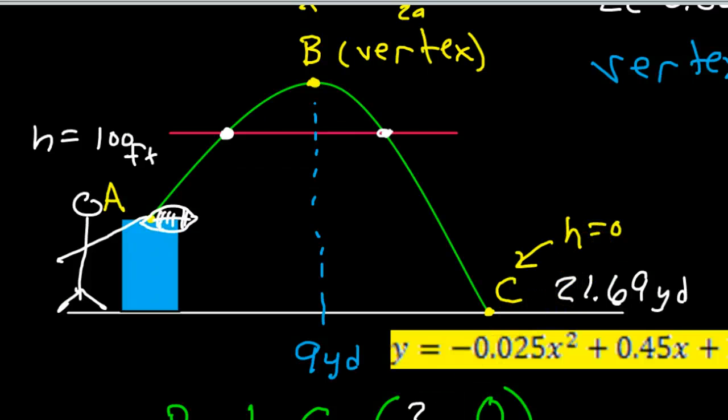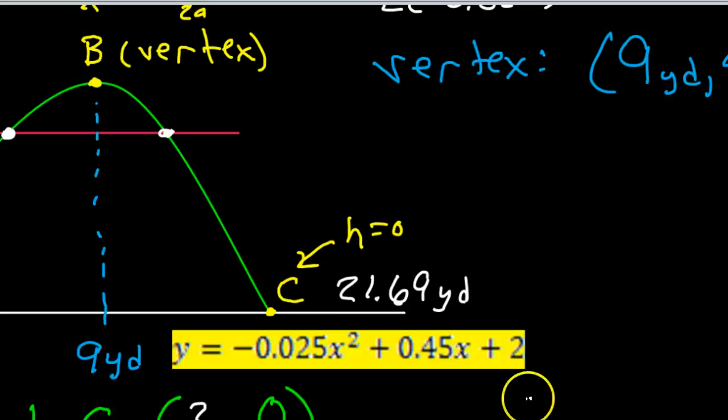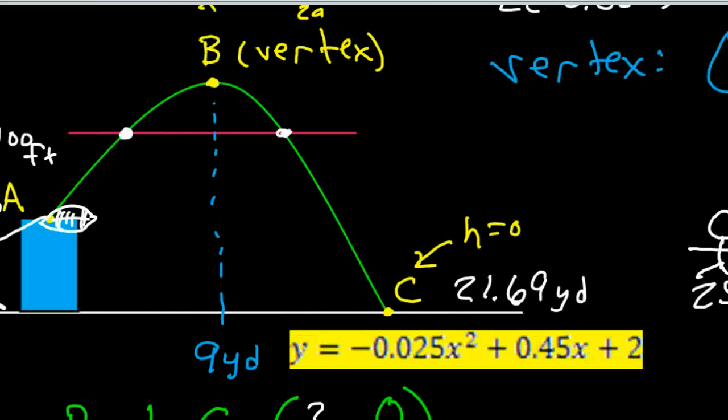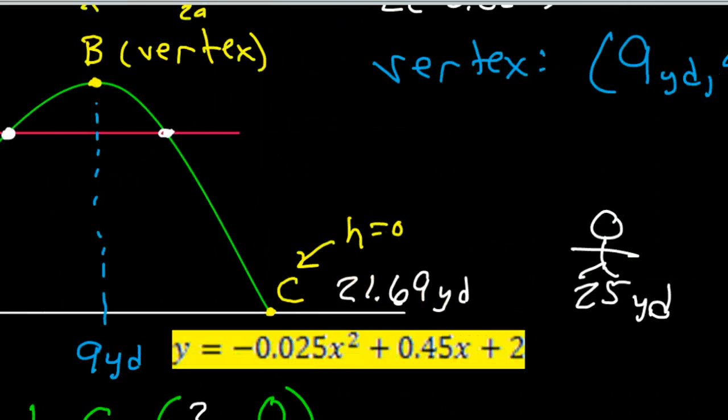So can the quarterback reach a receiver? So if this is 21.69 yards and he has a receiver that is out here at 25 yards, okay, so we've got a receiver out here at 25 yards, no, he's not going to be able to reach that guy. Okay, that guy is too far away.